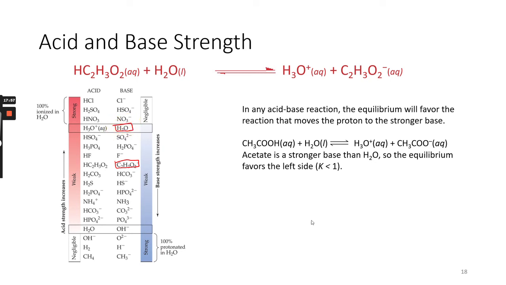Which one is stronger? Acetate is lower, so it is stronger. So acetate is the stronger base, and that's where you want the proton to move. So you need your proton to go here, which means this reaction has to move in reverse. It's always going to move towards the weaker side. So if it moves in reverse, then your equilibrium constant K here is going to be less than 1, because you're going to end up with more reactants than products.